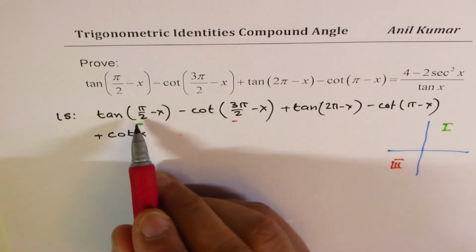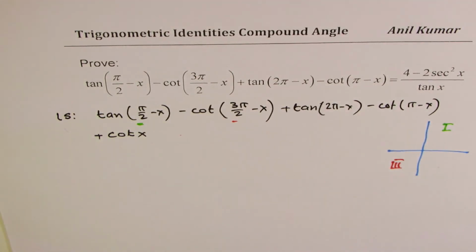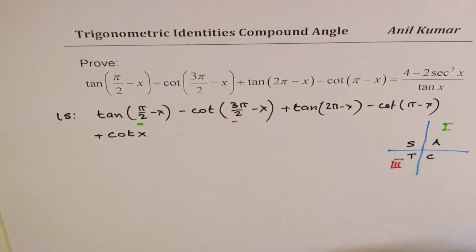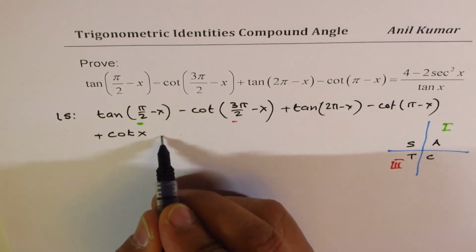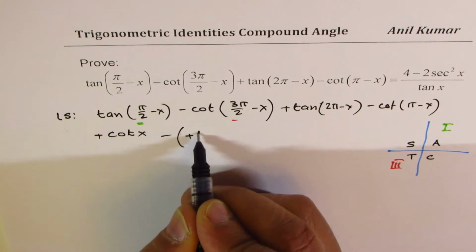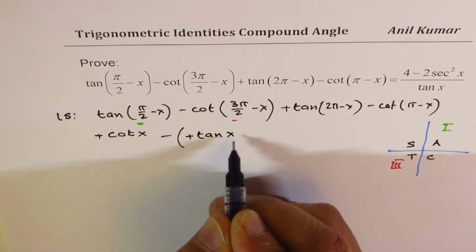Here, cot and tan are positive, right? Cot and tan are positive, correct? So let me write down the rule here. All are positive, sine, tan and cos. Since all are positive, this negative is for that negative. We get positive tan x.